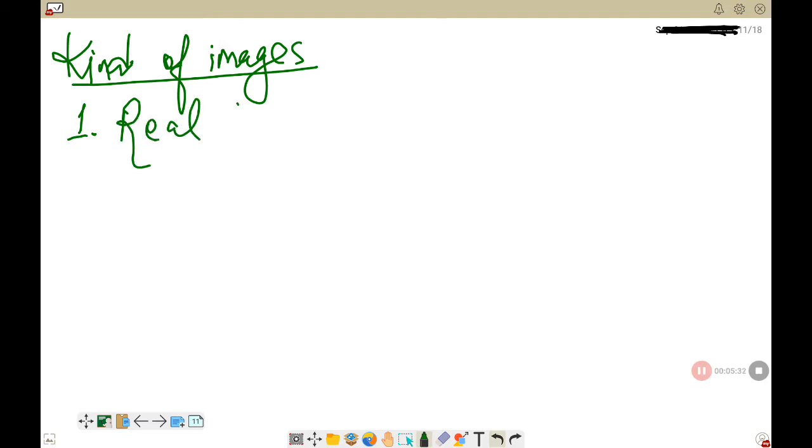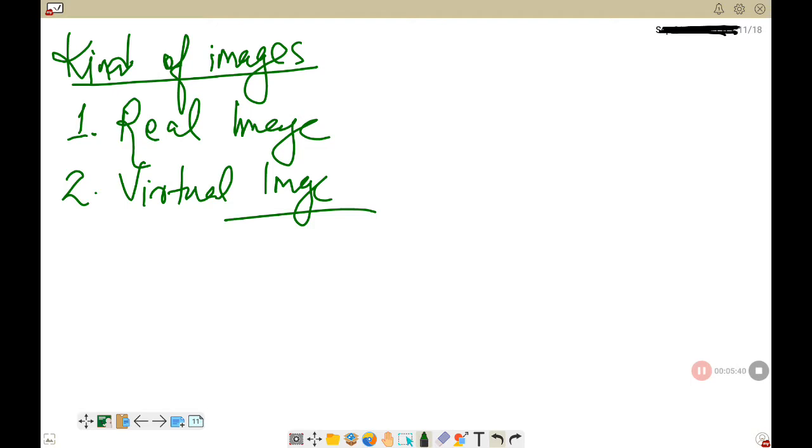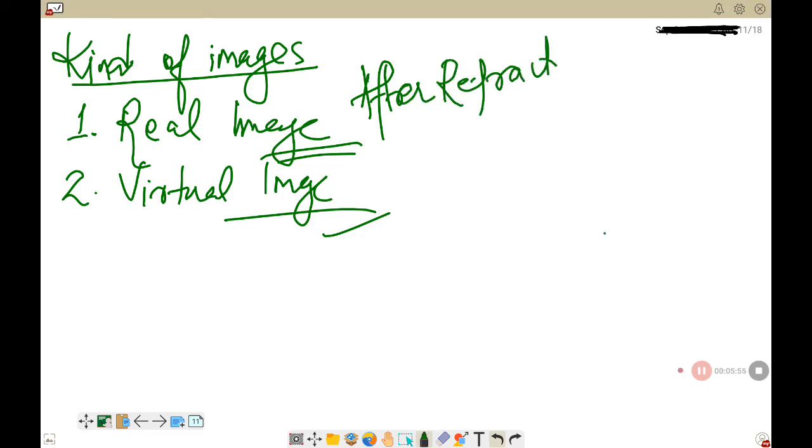One is real image and the other one is virtual image. Now what are they? Let's learn. When a ray, after refraction, actually meets, or you can say the refracted rays are actually meeting.